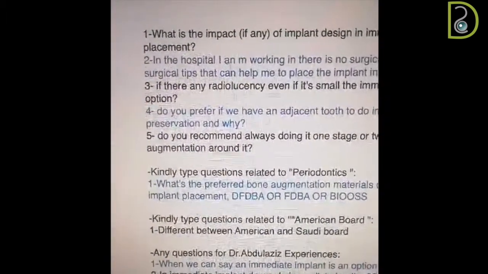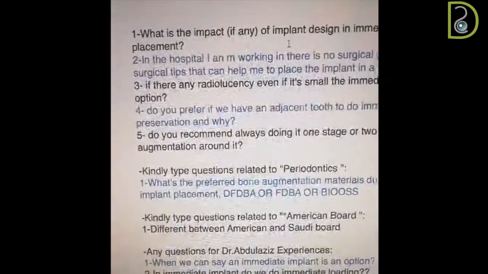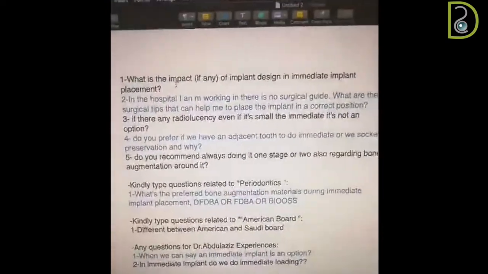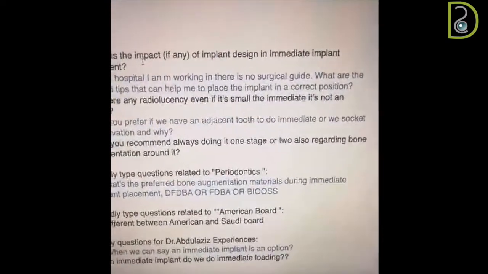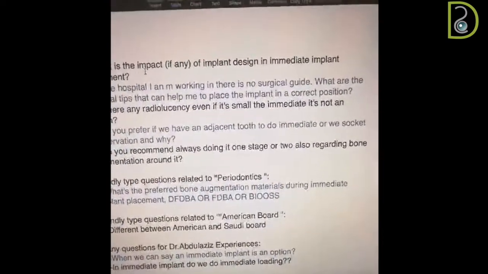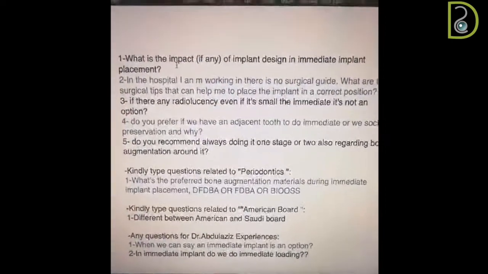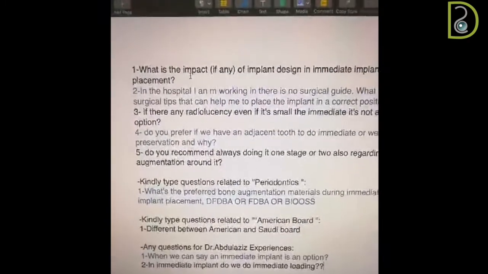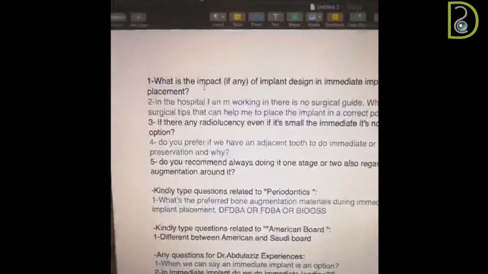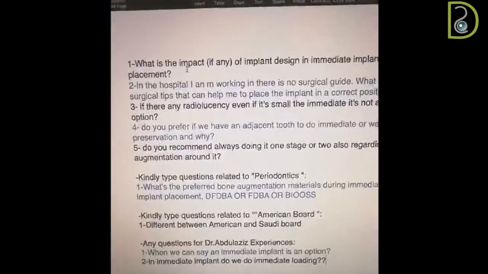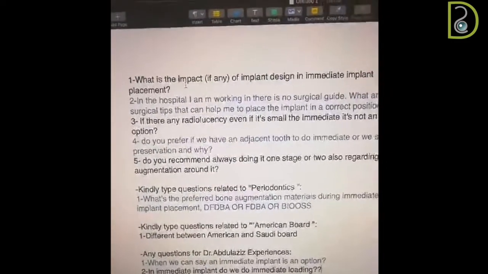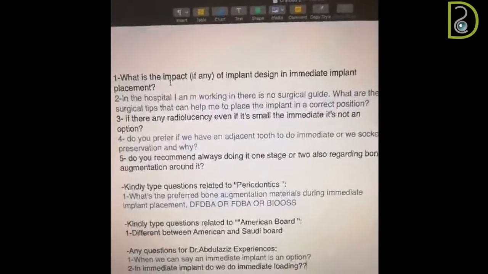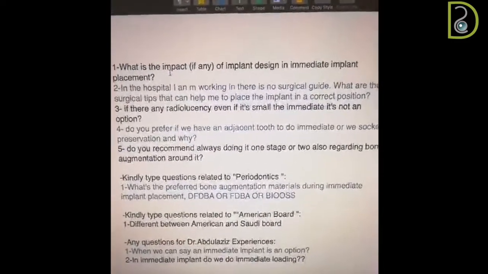Here it's saying, what's the impact of implant design in immediate implant placement? I would say, generally speaking, try to use a tapered implant, not a straight implant, because you will end up with better primary stability, and also sometimes, for example, if you have an apical concavity and you have a narrow diameter in the apical part of the implant, you will avoid penetrating or perforating that buccal plate.